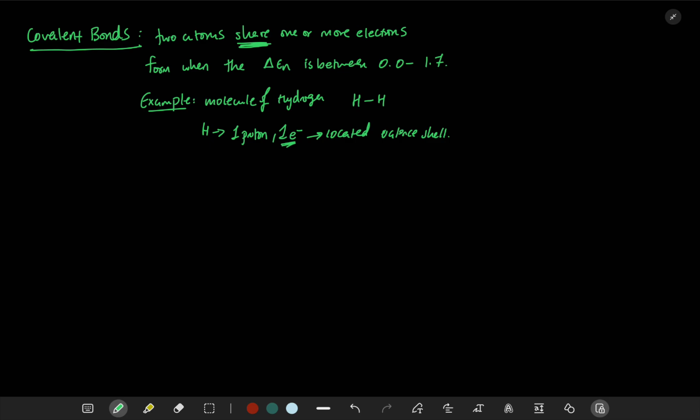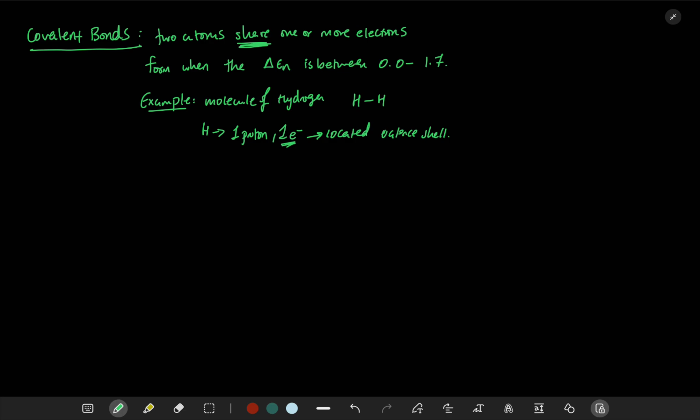So because hydrogen is an exception to the octet rule, it only needs 2 electrons to fill its valence shell, right? Because it only has one valence shell, and we talked about in the previous videos that the first shell can only contain a maximum of 2 electrons. So hydrogen already has 1 electron, right?